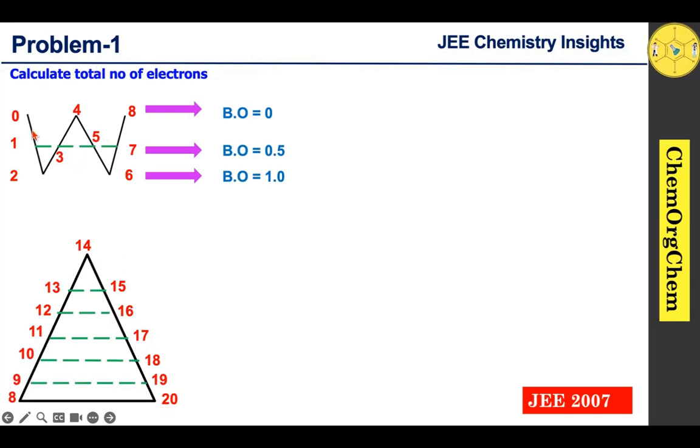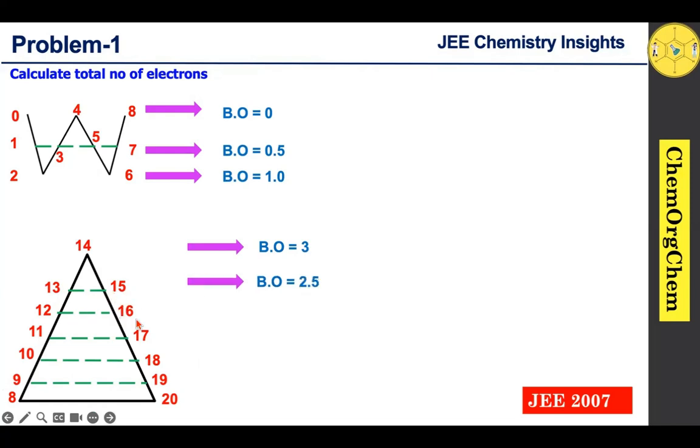Just like our previous diagram, all these numbers indicate the total number of electrons in a given molecule. For example, if the total number of electrons is 14, their bond order should be 3. If it is 13 or 15, their bond order should be 2.5.